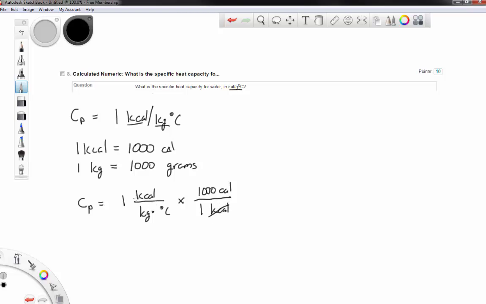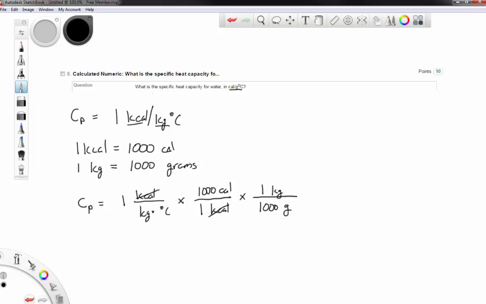That gets rid of the kilocalories. Now we got to get rid of the kilograms. So to do that, we have 1 kilogram up here, and that is equal to 1,000 grams down here.